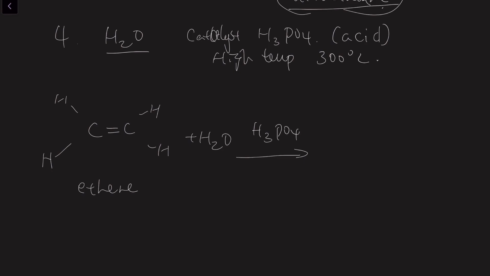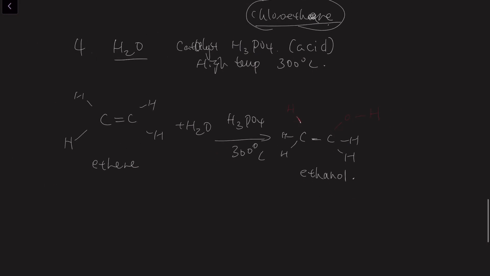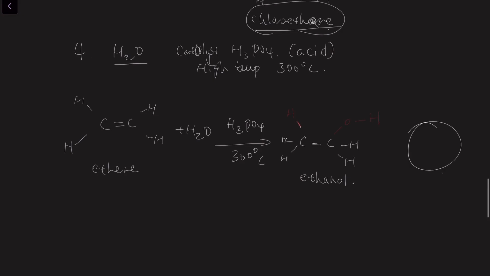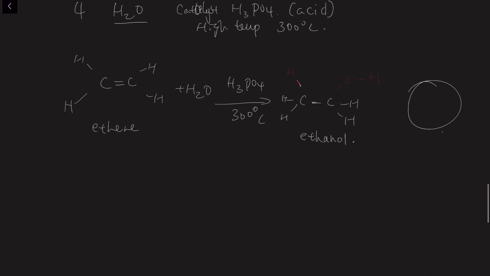And also you need to specify the temperature required, which is 300 degrees. And it becomes, so this H and this OH is from the water molecule, and you form ethanol. And there's no other chemical species produced since it is an addition reaction. Only one product will be produced.